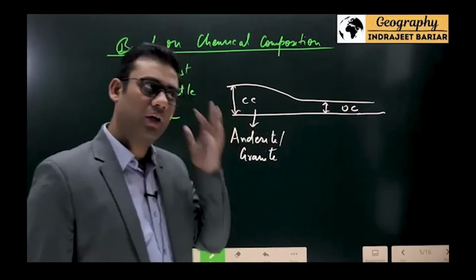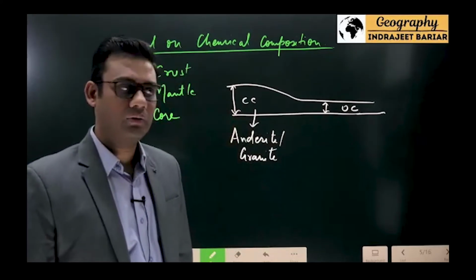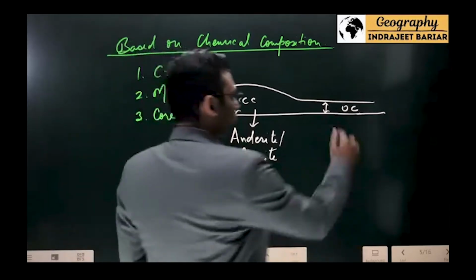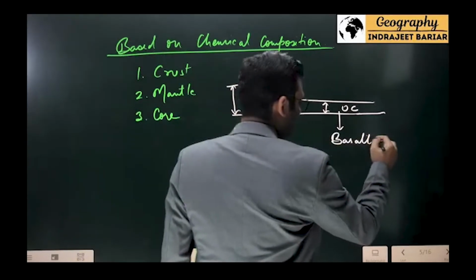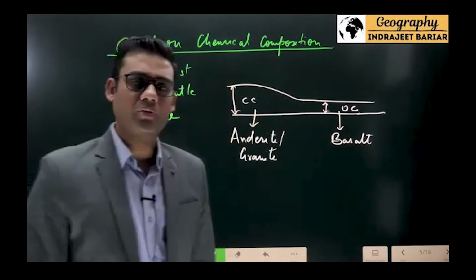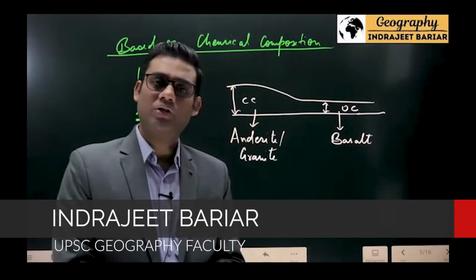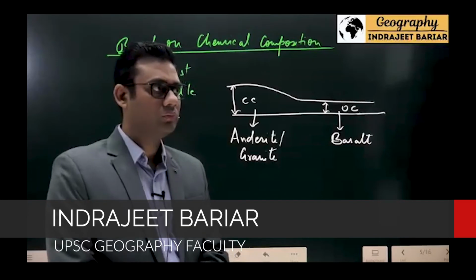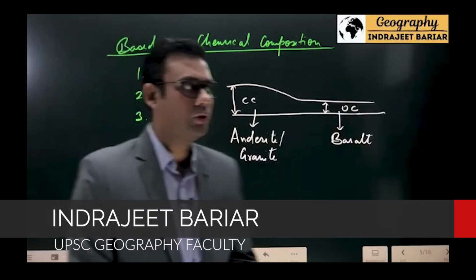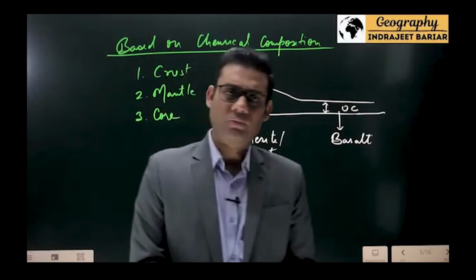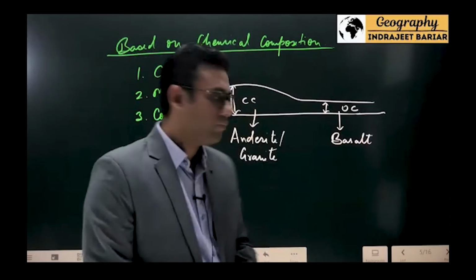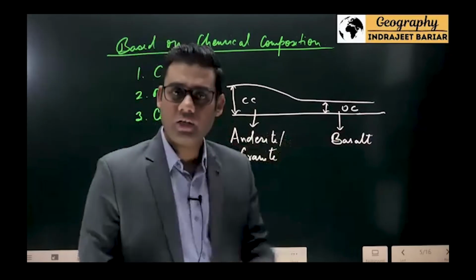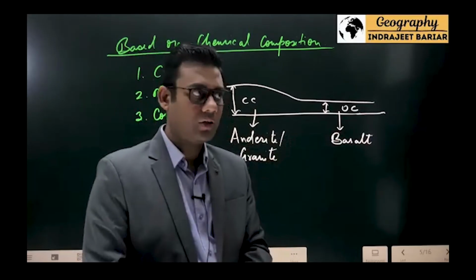So we say continental crust is andesitic, whereas oceanic crust is basalt. Basalt is mainly derived from the cooling and solidification of magma, and that's how the majority of the oceanic crusts are formed. So oceanic crust is basaltic in nature, and continental crust is andesitic or granitic in nature.